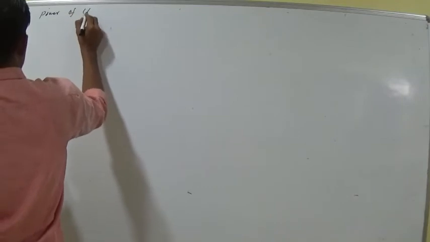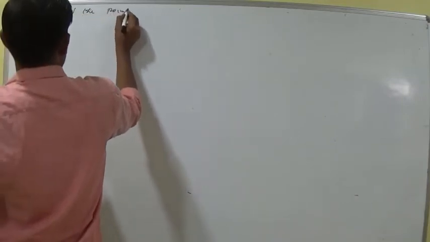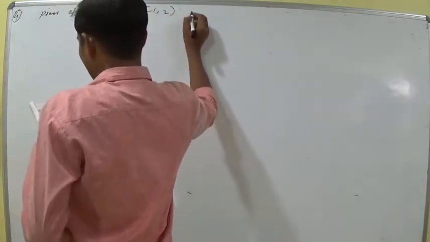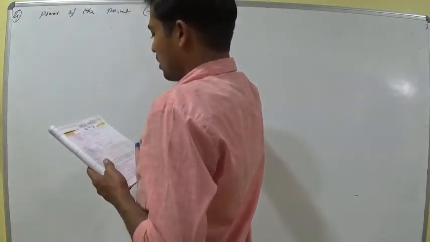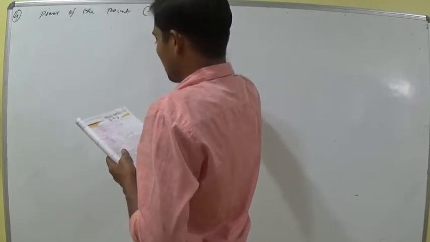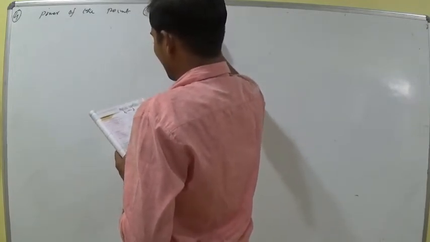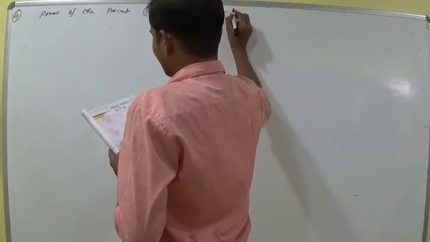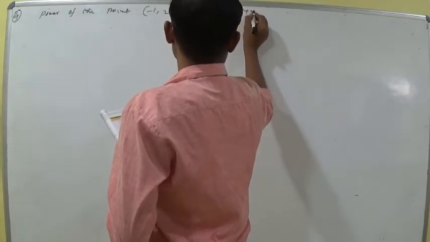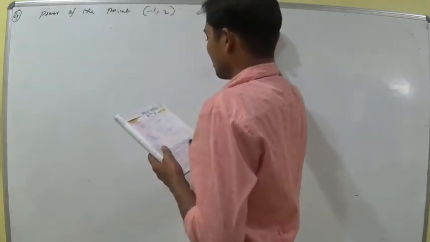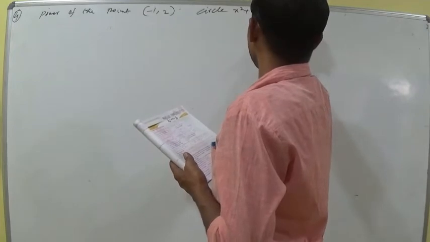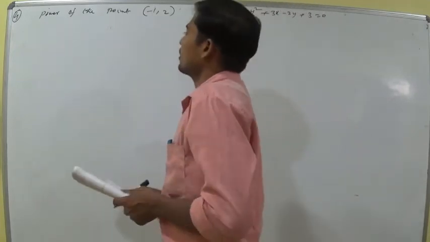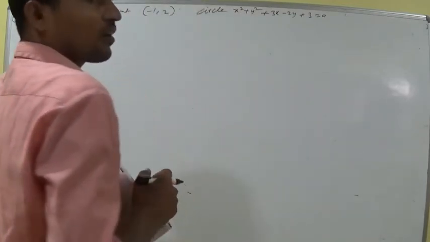Power of the point (minus 1, 2) with respect to the circle x square plus y square plus 3x minus 2y plus 3 equal to 0. I have to find S11 here.